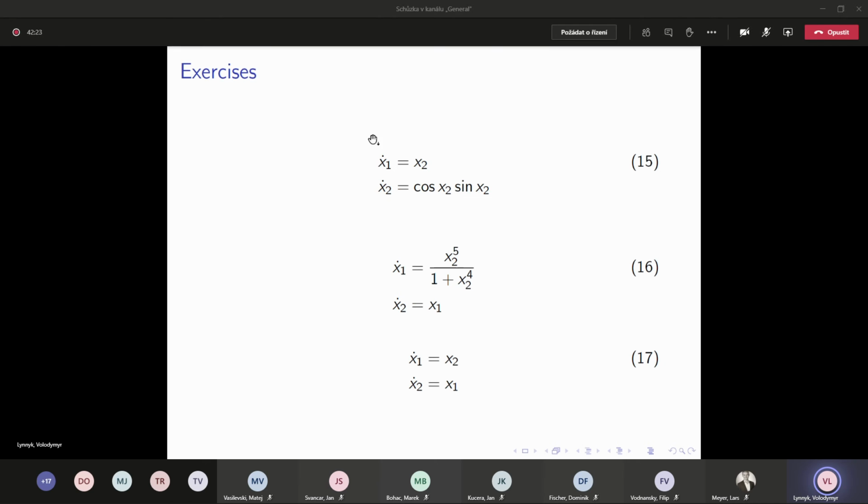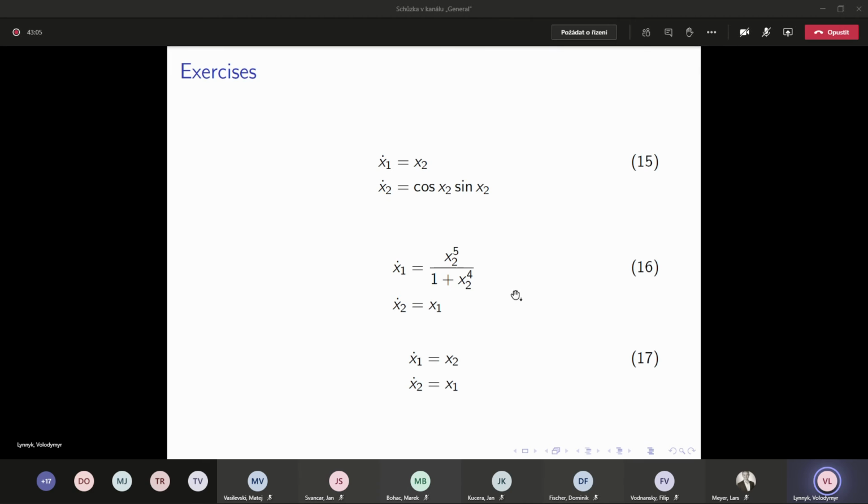This first system is globally Lipschitz, because you can calculate the Jacobian: the first term is 0, then 1, 0, and some terms depend on cosine and sine of x2, and this function is bounded, so we can say that f is globally Lipschitz. And therefore it does not escape in finite time.